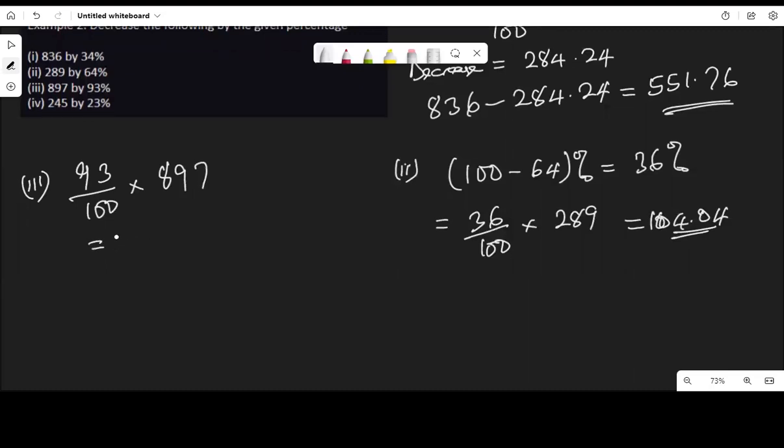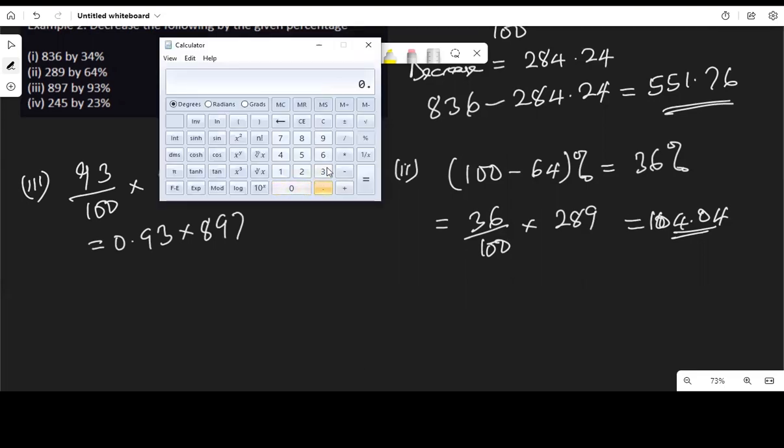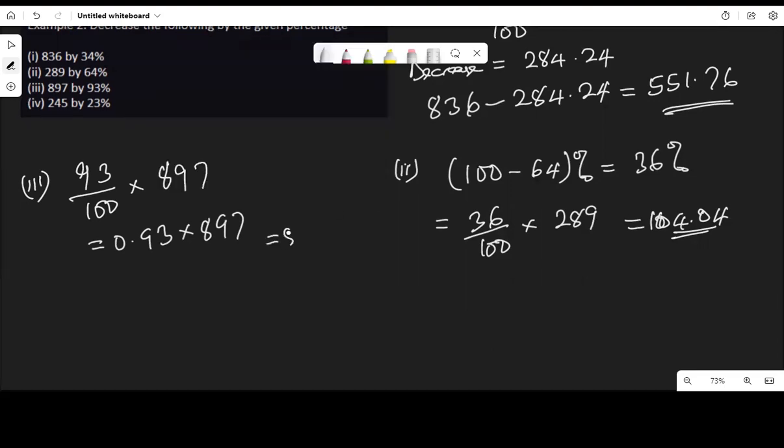That will be 0.93 times 897, which is 834.21.